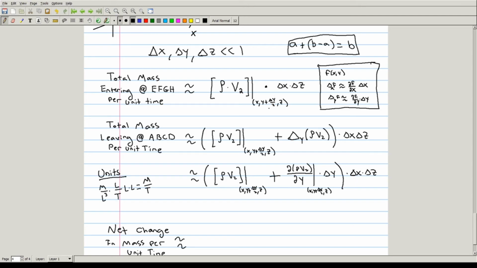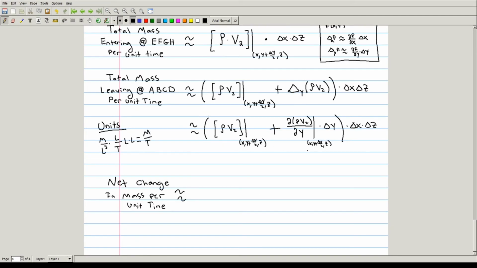And if we copy this down, it's a little bit long. You can take all this and copy it down and subtract them if you want, but you're going to see that this first term gets canceled out when you subtract the total mass entering from the total mass leaving.